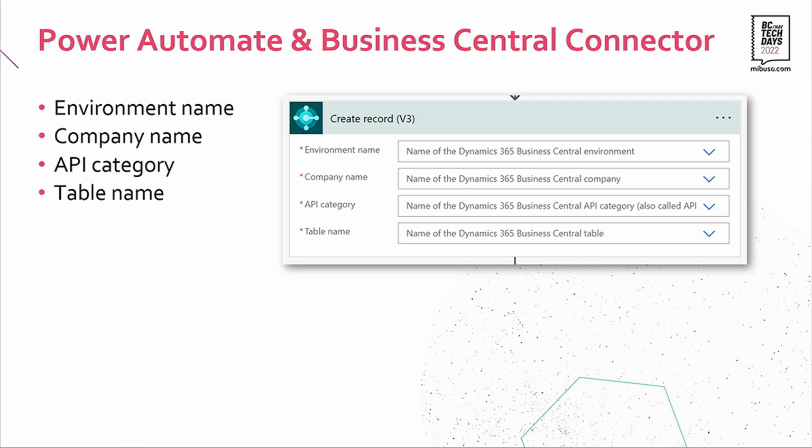To give you some more details, inside of my Power Automate Flow, I use the connector from Business Central. You have seen it in the keynote. When I go to this connector, it asks me about an environment name and a company name. Furthermore, I have to select an API and a table.